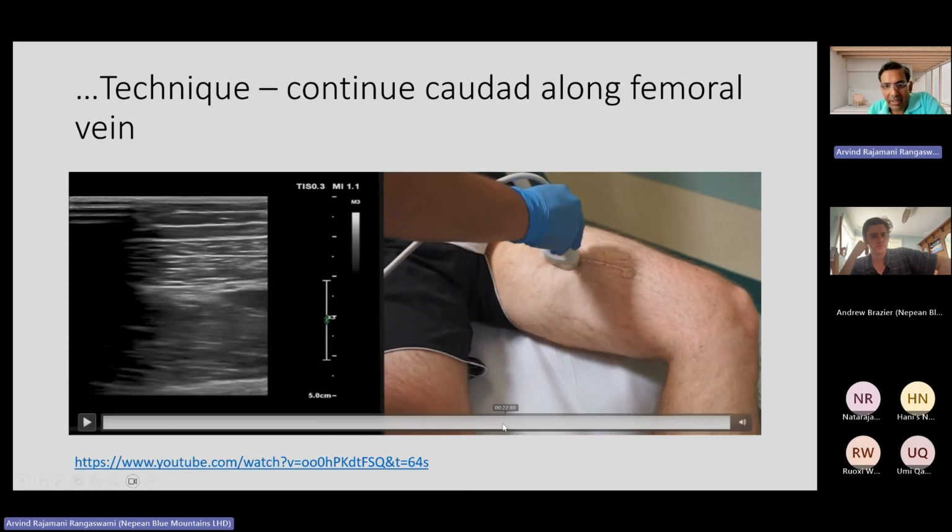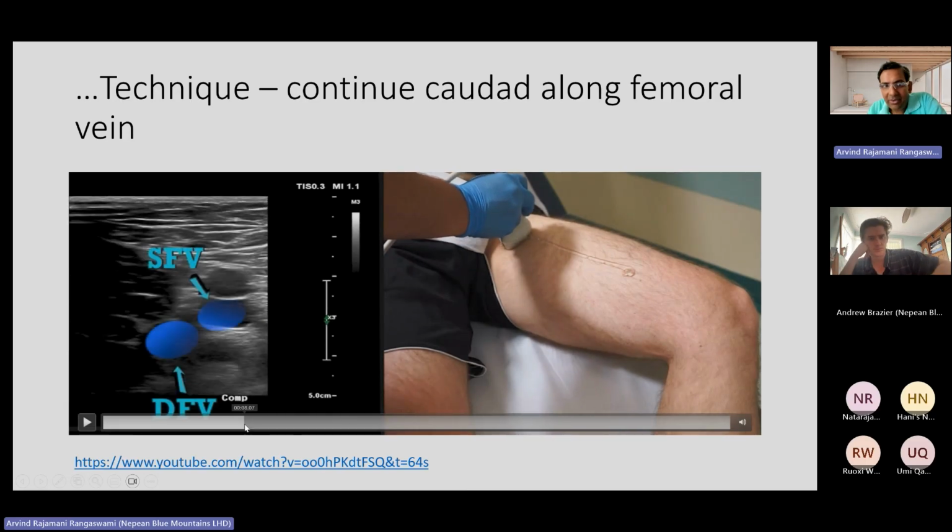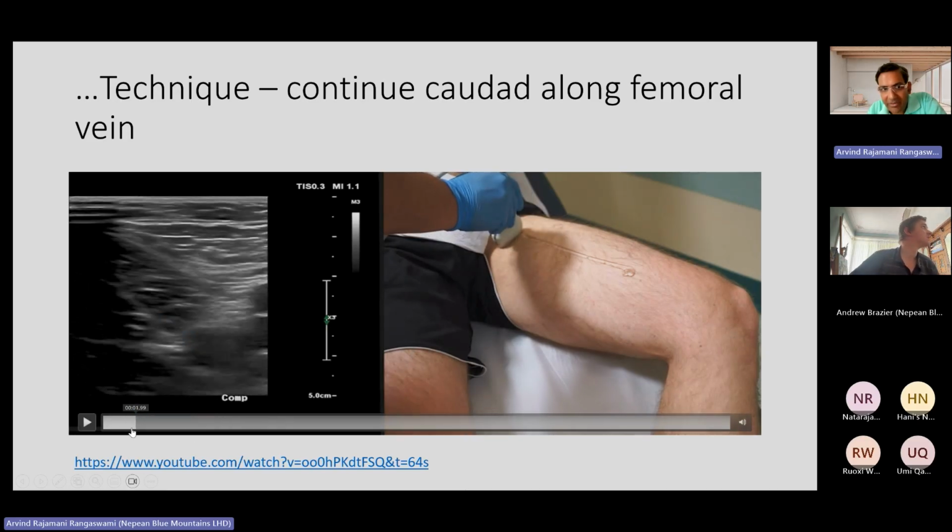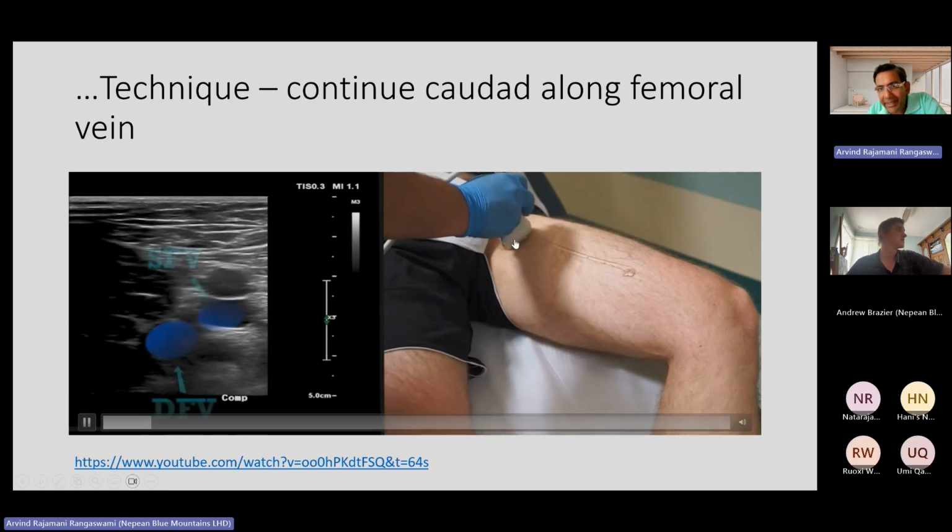So I'm going back. See how the scanning is happening. You start from the saphenofemoral junction, and after that, you are not going to remove the probe. You're going to slide the probe very gradually from superior to inferior.